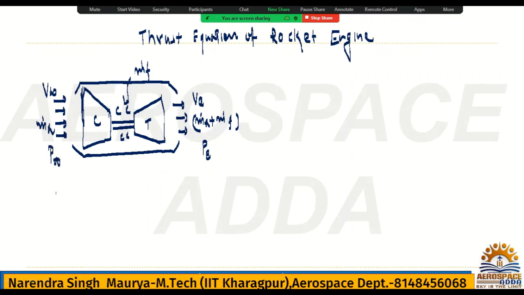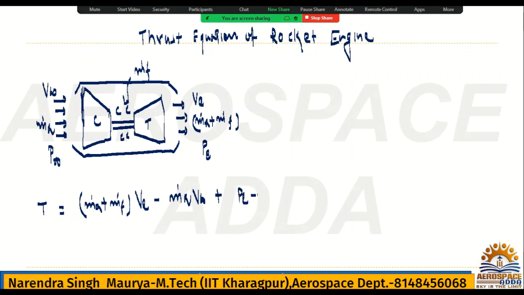So what was the thrust for this jet engine? You had written (m dot a plus m dot f) VE minus m dot a V infinity, plus (PE minus P infinity) into A, where A is the exit area. Yes or no?